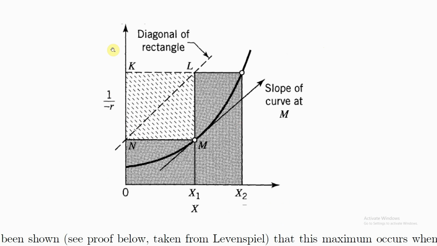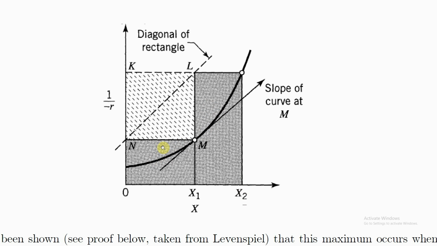So remember our Levenspiel plot, we are plotting -1 over RA against X. And let's say we are doing this for just 2 reactors, and we are prescribed our final conversion. So we are told we want overall 60% conversion. So that's fixed. So the final conversion x2 is fixed, but we are free to choose how big to make each of these 2 reactors.